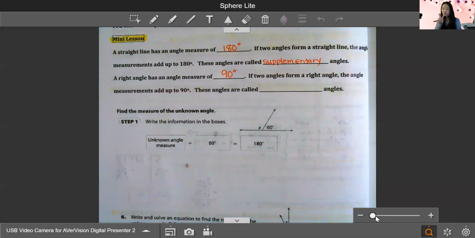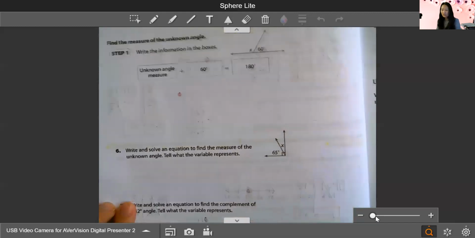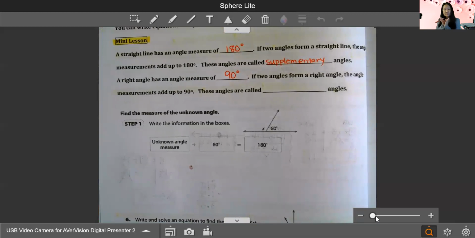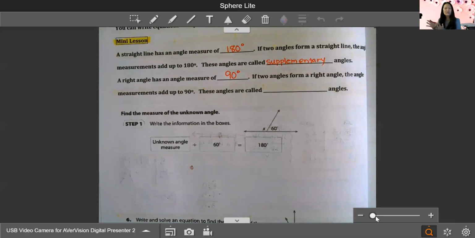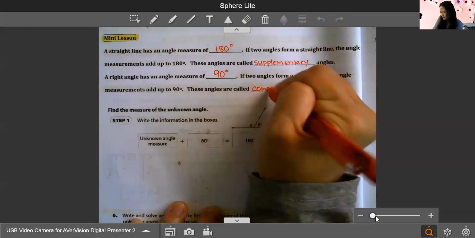If two angles together form a right angle, or if you have two angles that add up to 90 degrees, these two angles are called complementary angles.